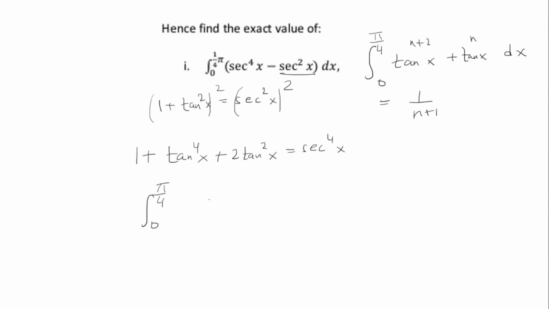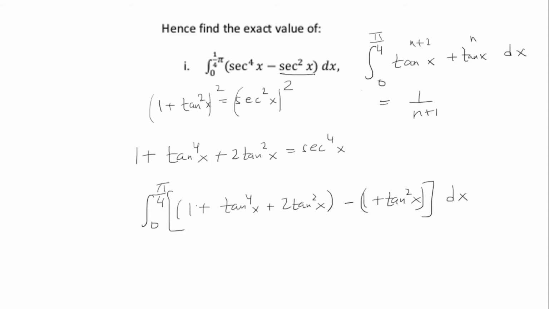So we have the integral from 0 to pi over 4. Secant to the fourth is 1 plus tangent to the fourth plus 2 tangent squared, and then minus secant squared, we said is 1 plus tangent squared. And here it's very important to put parentheses around the 1 plus tangent squared, because you want to subtract that whole quantity.